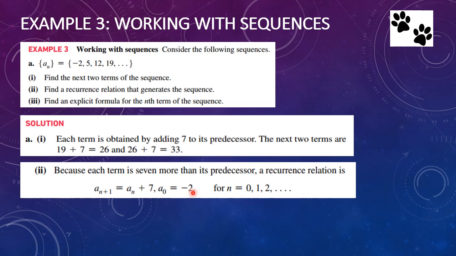A sub 1 would equal negative 2 plus 1 times 7. And a sub 2 would equal negative 2 plus 2 times 7. So we get a sub 0, a sub 1, a sub 2.